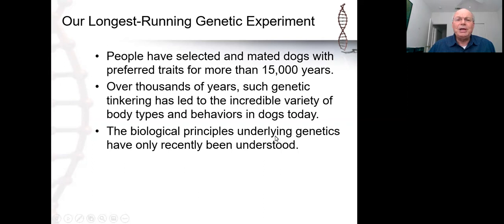So one of the things that we will come back and take a look at several times throughout the course of this chapter is the human relationship with dogs. We don't know exactly when dogs decided to live with humans, because that's almost certainly what happened. Or at least the ancestors of dogs decided to spend time around humans.